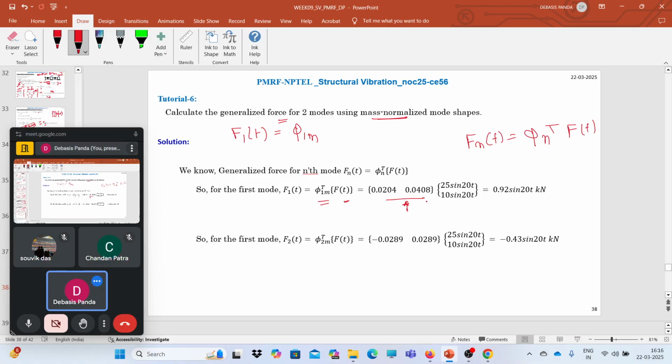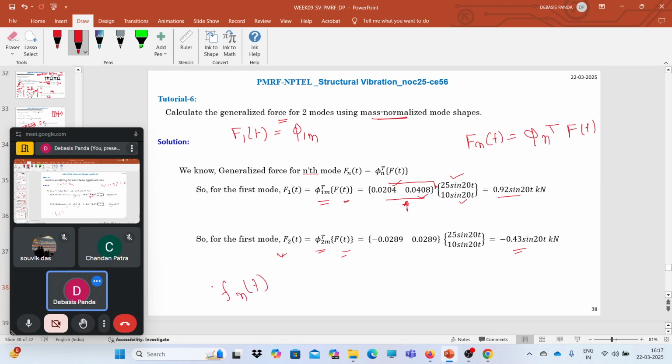So you have this value, which we have already calculated, 0.0204 and 0.0408, times 25 sin 20t and 10 sin 20t. If you do the calculation, you will find 0.92 sin 20t. It is a matrix operation: this multiplied by this plus this multiplied by this. For the second mode, again phi 2m, the second mass normalized mode shape, multiplied by the force vector.